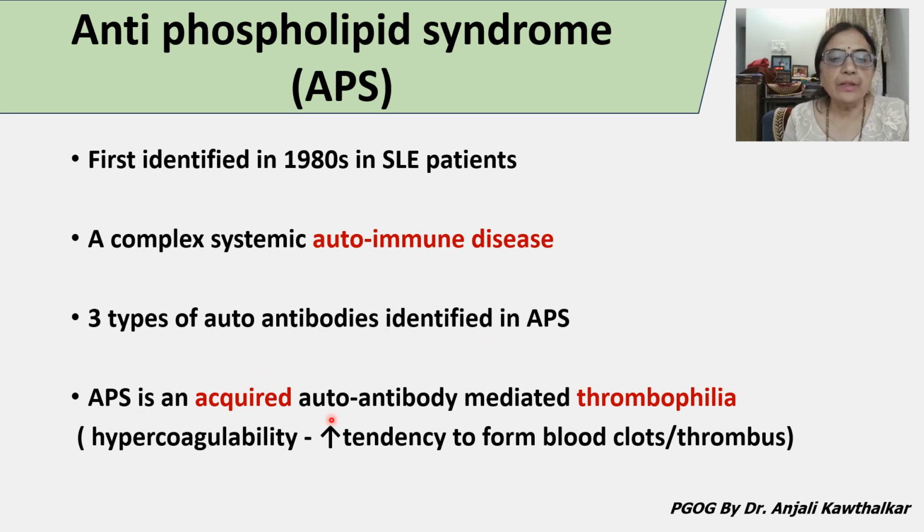APS is an acquired autoimmune mediated thrombophilia. That means it is not hereditary, it is acquired, and it is thrombophilia. The meaning of the terminology thrombophilia is whenever there is hypercoagulability with an increased tendency to form blood clots or thrombus.